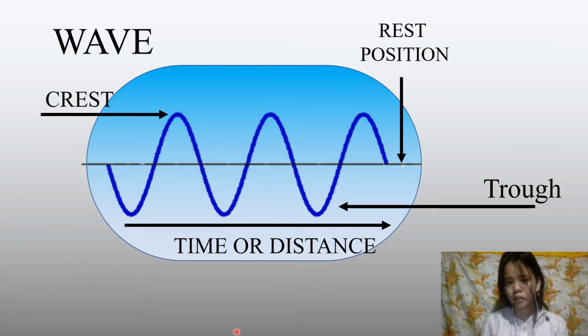And here now in the transverse wave, we have different parts of it. First is the crest, which is the top of the wave. Going from down to up, that is the crest, and when you go down, that is the trough. And this line is the rest position. From left to right is the time or distance.